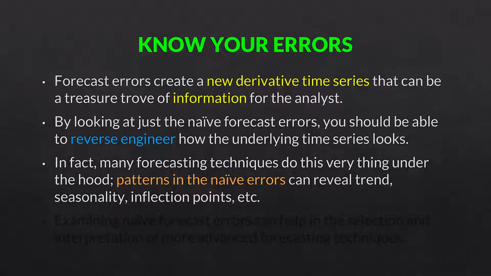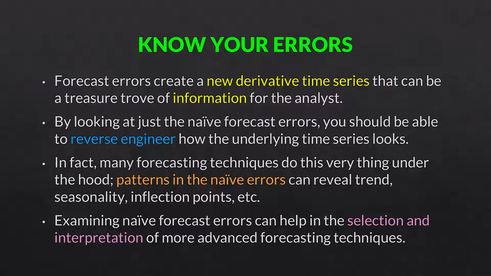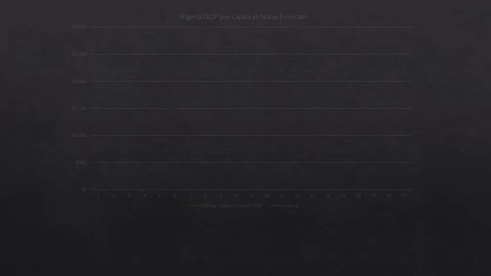Patterns in the naive forecast errors can reveal trend, seasonality, inflection points in the time series, and so on. Examining naive forecast errors can also help in the selection and interpretation of more advanced forecasting techniques. Often the naive forecast is a baseline forecast, which can inform future analytic decisions.